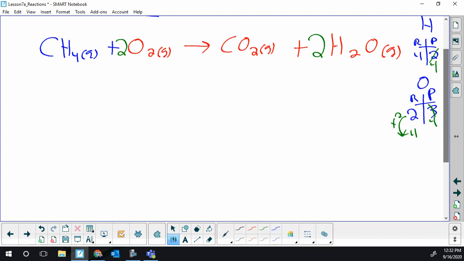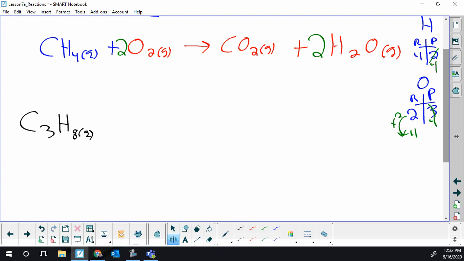Second example, this one's going to be much harder. This example is going to stump a lot of Science 10s, and unfortunately some Chem 20s are going to struggle with this, but I'm going to show you a shortcut. This is propane. If you have a barbecue at home and you've got a tank sitting underneath it, it's probably propane.